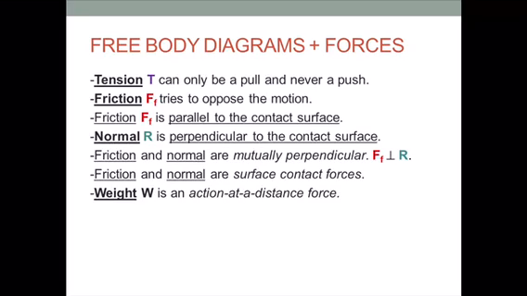Those are forces that are created because there's a surface with which the object has contact. And weight is what is called an action at a distance force, meaning the source of weight does not actually have to touch the object, meaning it's not a surface contact force.